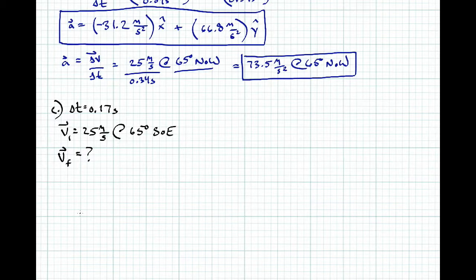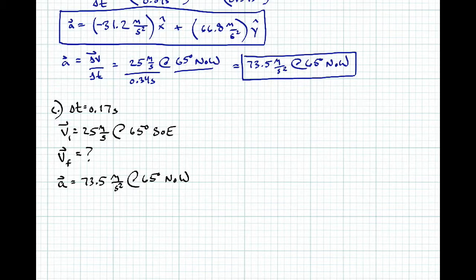We do know the time, and we do know the acceleration. The acceleration we just found. Acceleration is 73.5 meters per second squared, which, by the way, is a very high acceleration for a car. If you're accelerating or decelerating at that rate, you probably hit a brick wall or something, so don't ever do that. At 65 degrees north of west.